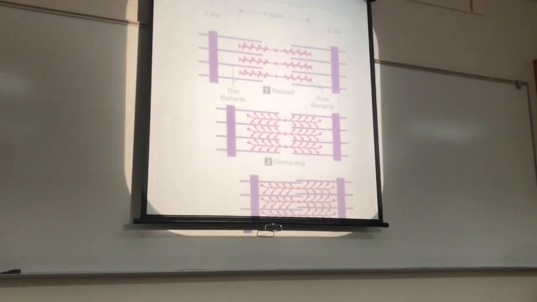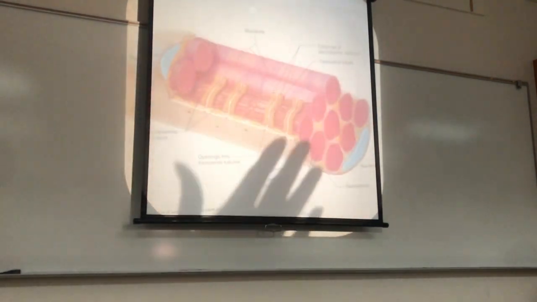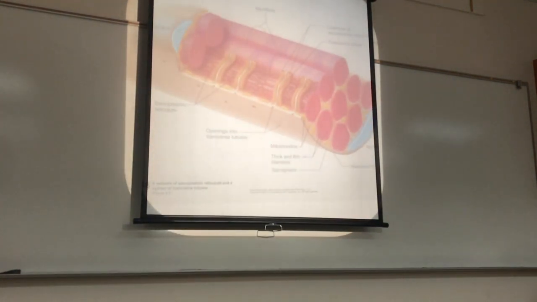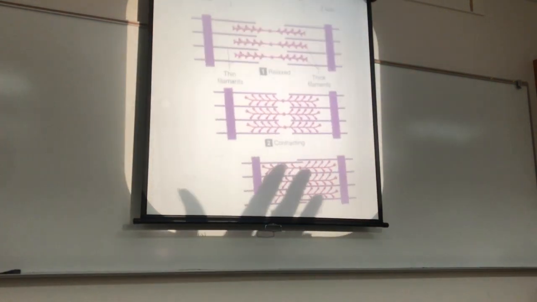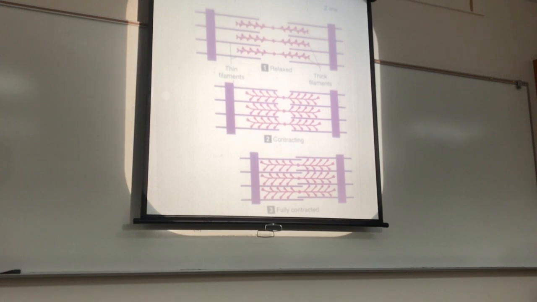I told you that muscles contract to produce force by shortening. And they can do that because the fascicles get shorter, because the muscle cells get shorter, because the myofibrils get shorter, because the sarcomeres get shorter.